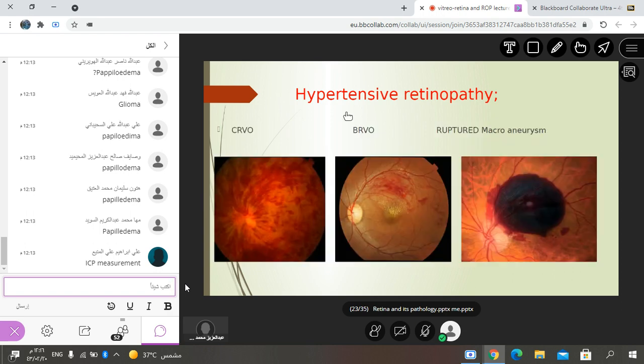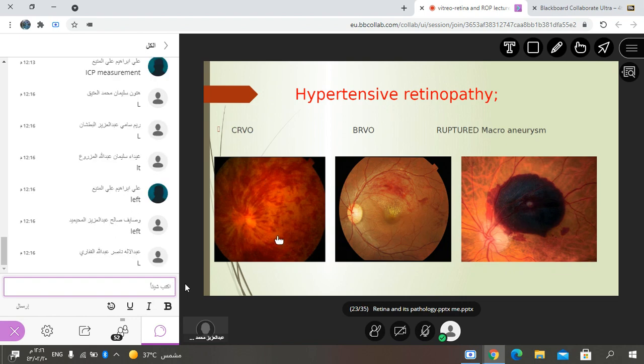And these are some pictures. This is which eye? Excellent, left eye. So what can you see here? Can you see the retinal structure or no?